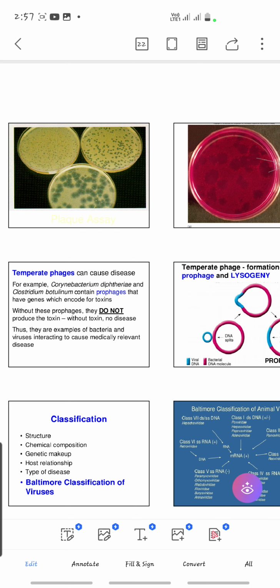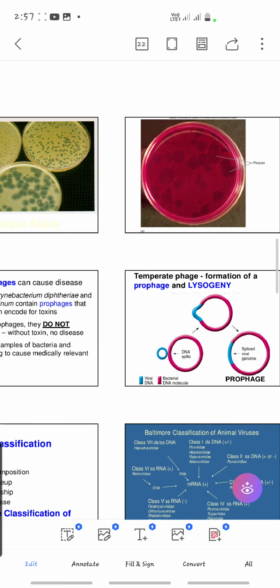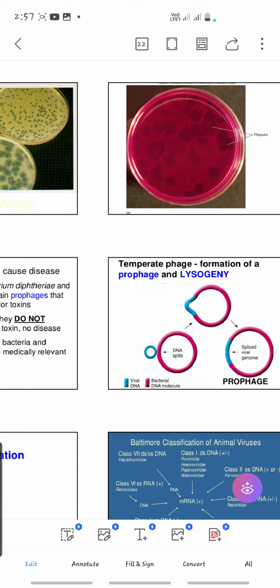So this is the temperate phage formation. As you can see, from the prophage itself, it splices the virus genome, or the DNA itself splits, and it creates the splice of the viral genome. So literally, this describes the integration of the prophage into their own genome, and it is now called a lysogen. This is able to transmit to its progeny the ability to produce another phage.